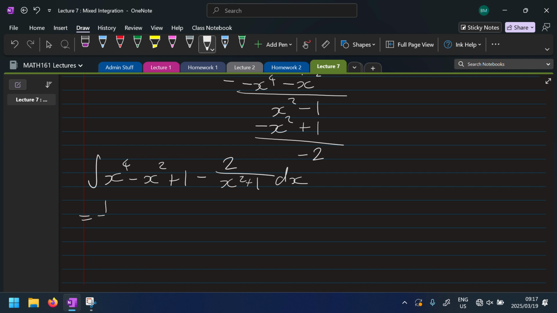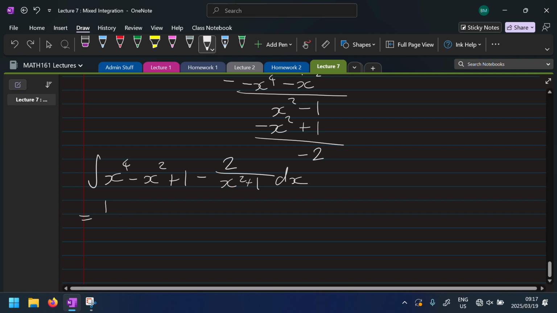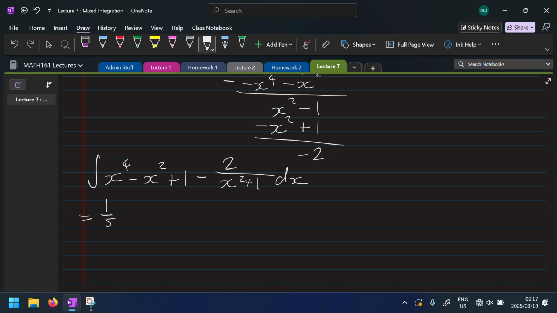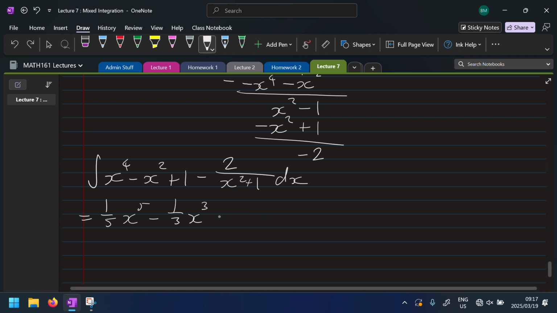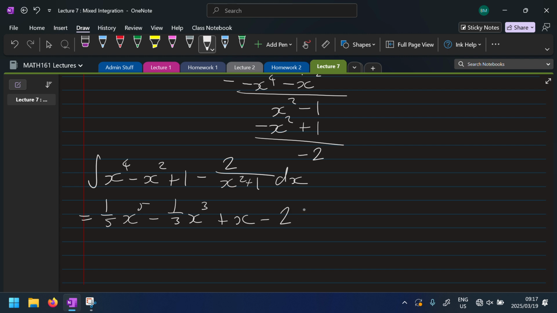So this is 1 over 5 x to the 5 minus 1 over 3 x to the 3 plus x, and then minus 2 arctan of x. Here the a squared is just 1, so it's 2 over 1 arctan of x over 1, but that's just x.